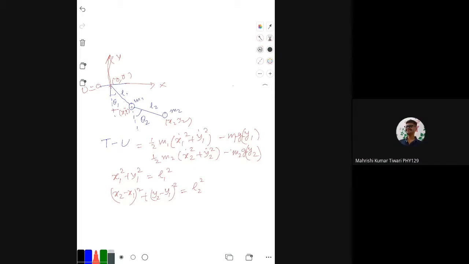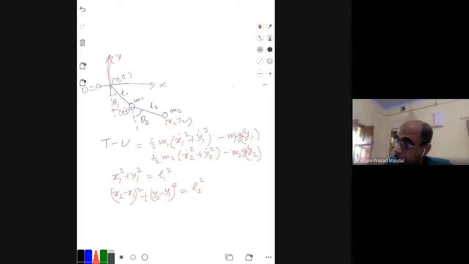Yes sir. So write this in terms of angles. Say x1 is this distance. If this distance is x1 and this angle is theta 1, then x1 will be L1 sin theta 1. Similarly, y1 will be L1 cos theta 1.